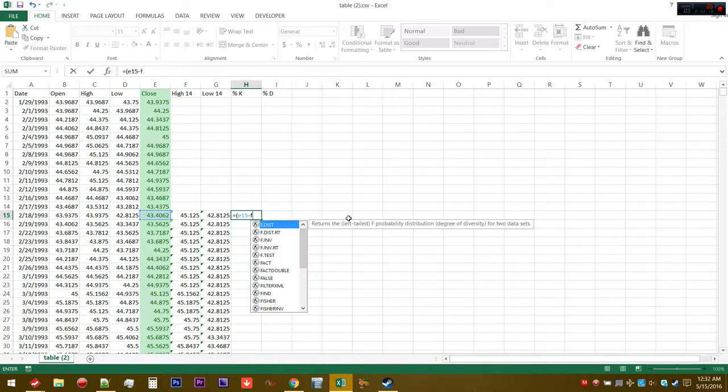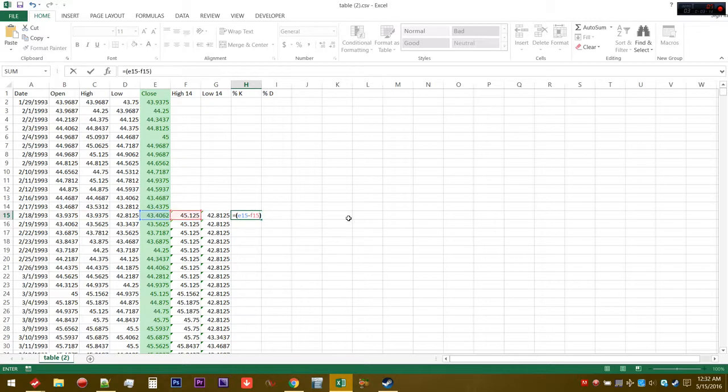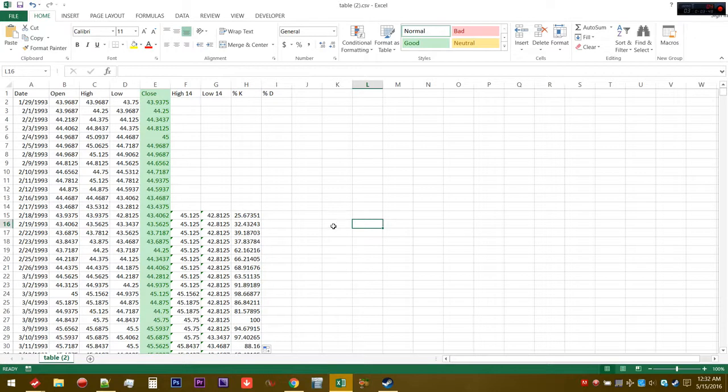That's G15, not F15, that's the low. I got a little bit misaligned there. Okay, there we go, the close versus the low. Then we're going to divide this whole thing by F15 minus G15, so essentially the Donchian spread. And then we're going to times it by 100. That gives us the %K, and it's literally that easy.